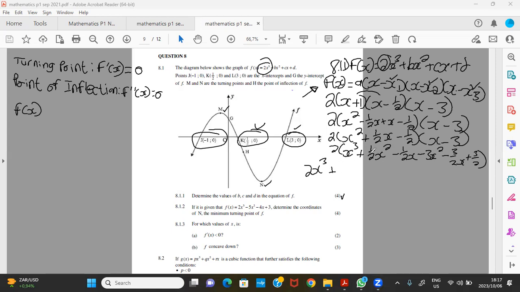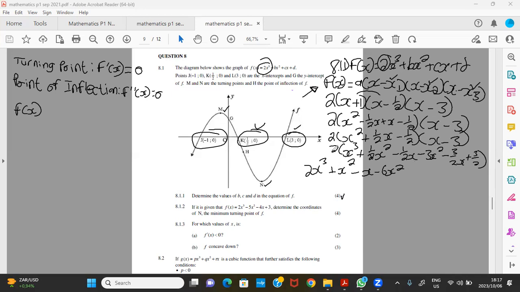plus, already you can see this. If I say half x squared times 2, they are going to cancel. So I'm going to have x squared, then minus, same thing, x, then minus 6x squared, then sorry for this step. Minus half x.